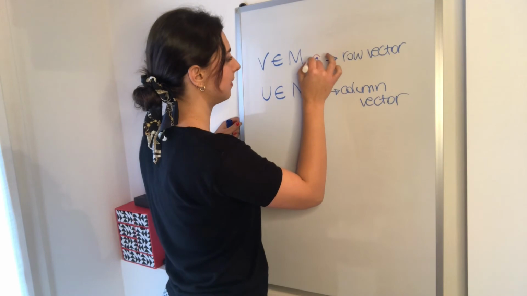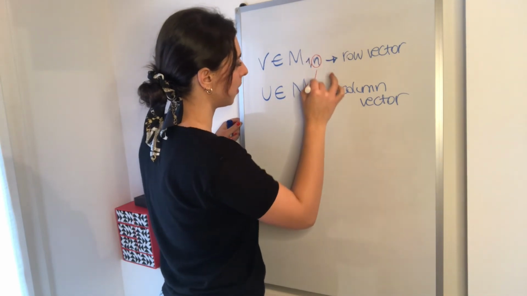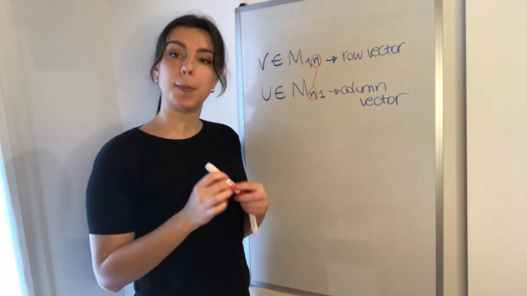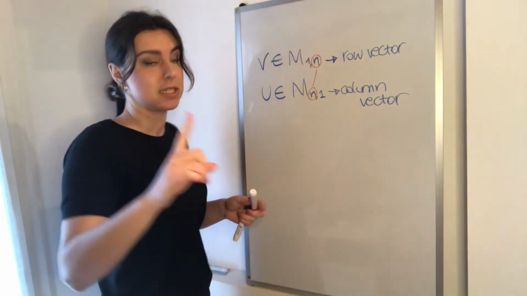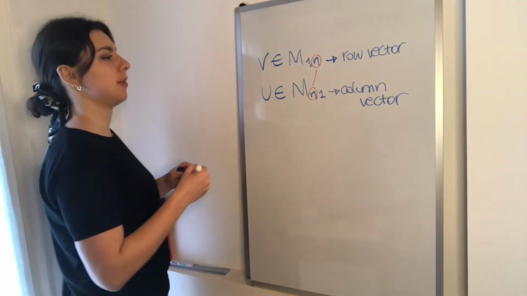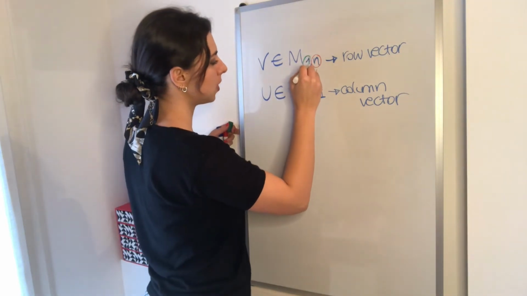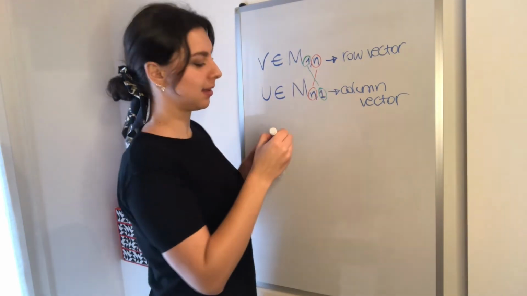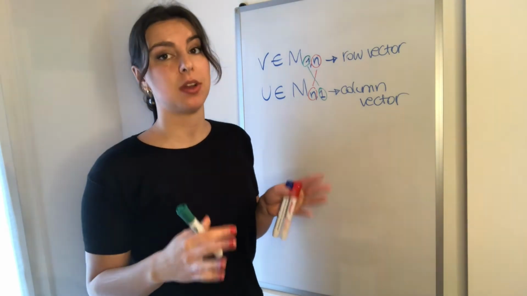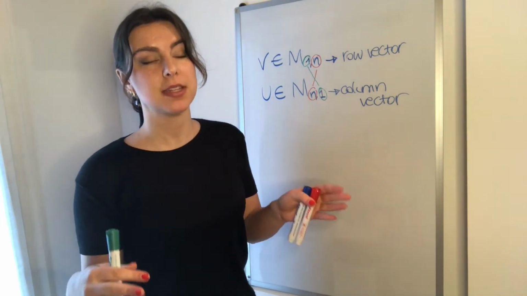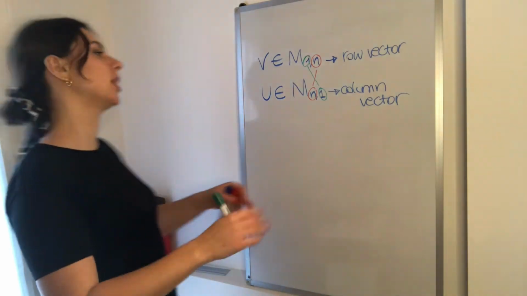As we can see, it's possible to multiply them, but when we multiply them, the solution will be a scalar. So the solution of a multiplication of a row vector and a column vector is a number.